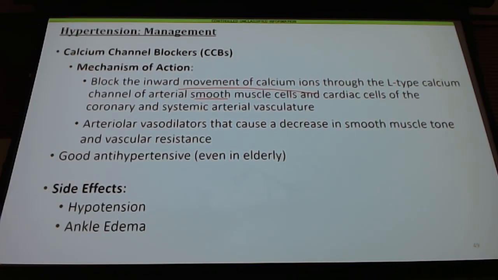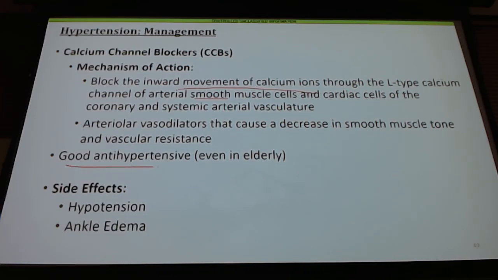That calcium is necessary for the constriction of it. So if I block that calcium inflow, that means then I have less vasoconstriction, which means I'm going to have more of a vasodilation effect. So that's how calcium channel blockers like amlodipine work to control blood pressure.